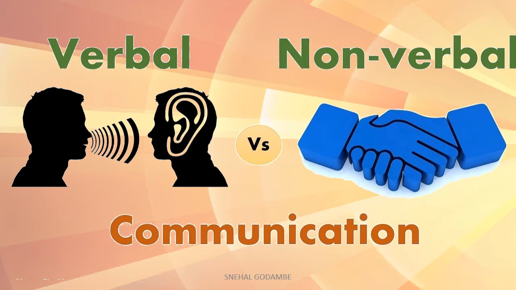One person is talking to the another one and another one is listening to the first person. Okay, and in this way they are using the words or the language to communicate or to express themselves. But in second picture you can see the hands shaking. So sometimes we do not say, but with our deeds we show what we want to express.